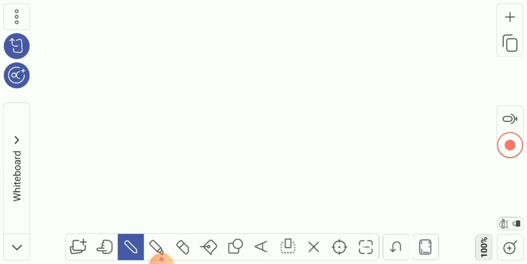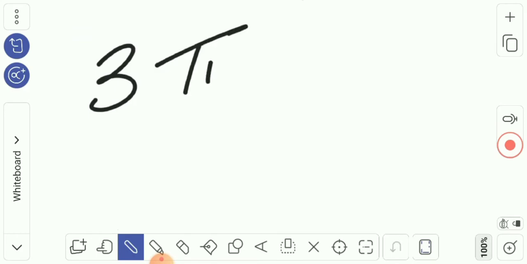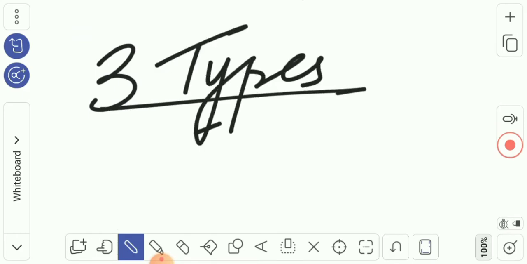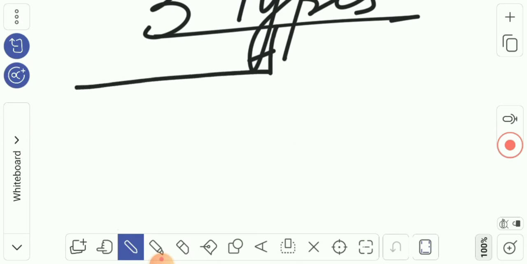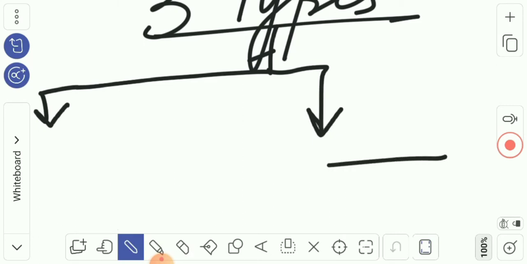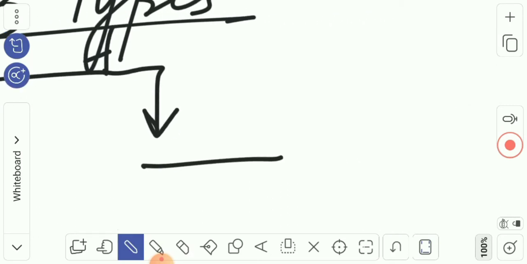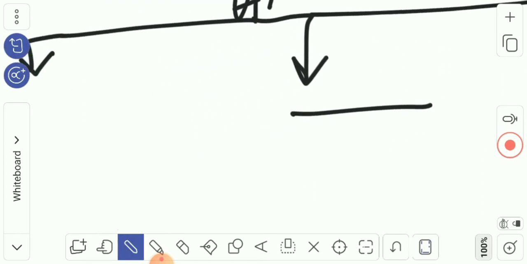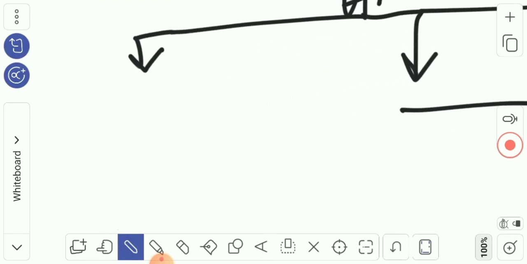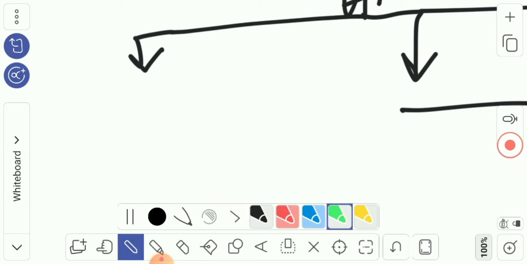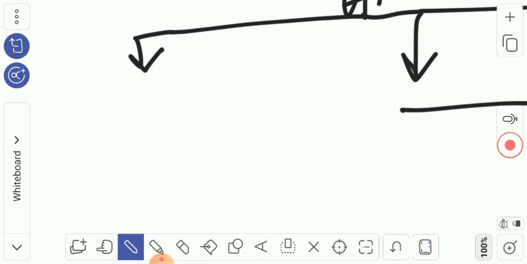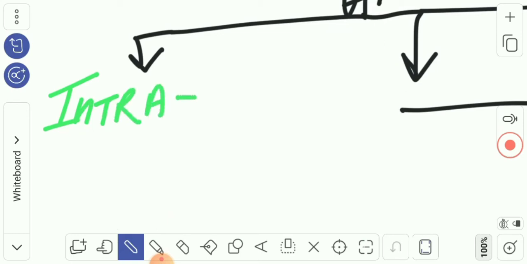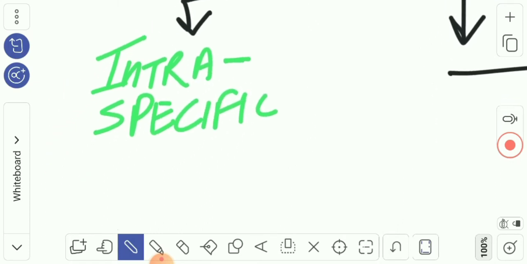So the struggle for existence is of three types. First type is intraspecific struggle.